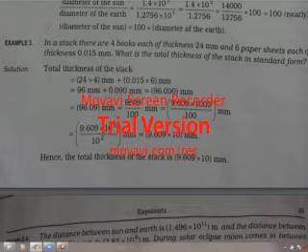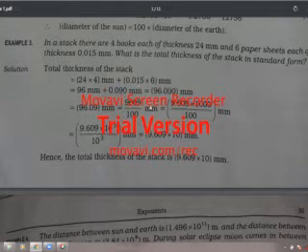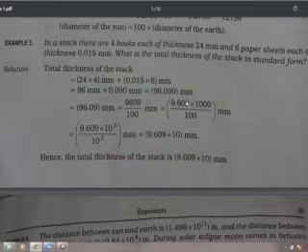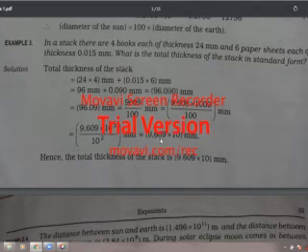Now this 9609 has been written in standard form, that is 9.609 into 1000 by 100. When we divide, it will be reduced and become 10. So in standard form, it will be written 9.609 into 10 mm. Hence the total thickness of the stack is 9.609 into 10 mm.